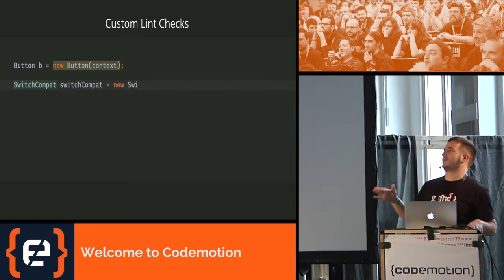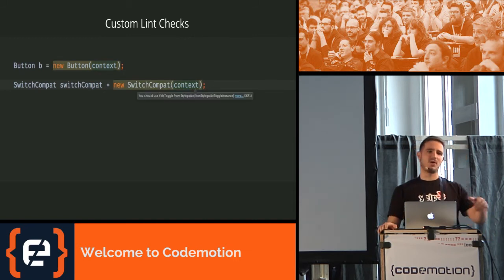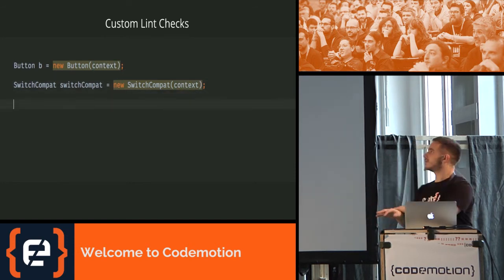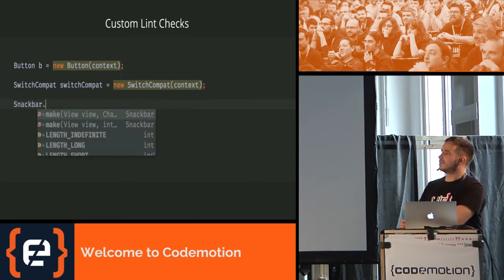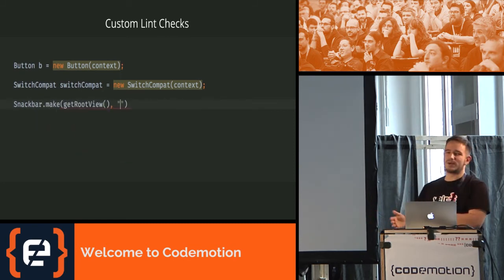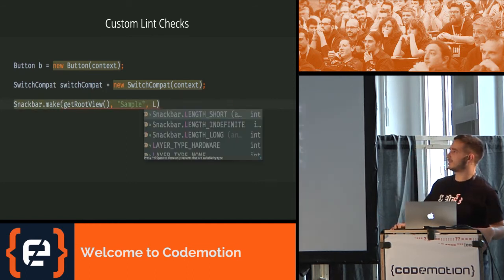This can work for several classes, and also for method invocations. For instance, we have our own Yelp snackbar that allows us to put more things inside the snackbar, and we check for Snackbar.make calls. If you do that, we will raise a warning like, hey, you shouldn't. We have our own class. Please use that.